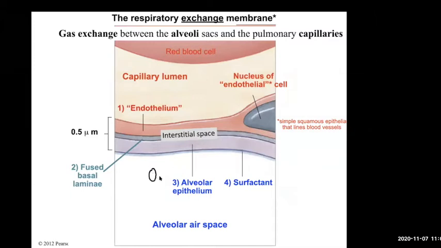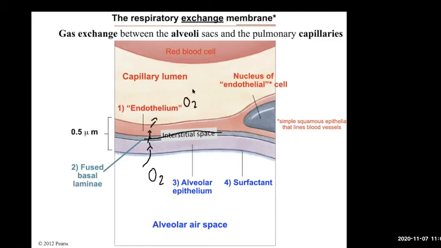And here's the oxygen. It's going to go through the cell membrane of the type 1 squamous alveolar cell. It's going to pass through the other side into the minimal interstitial space because of this fused basal lamina. Then it's going to diffuse through your endothelial lining of the blood vessel and then into the blood itself.